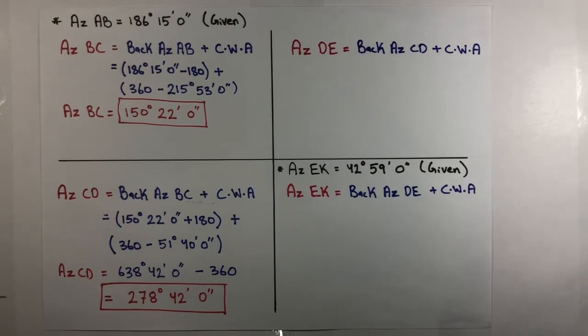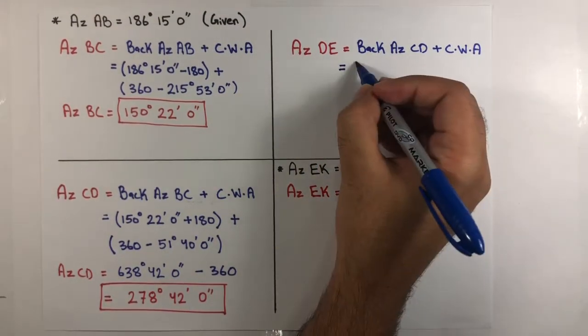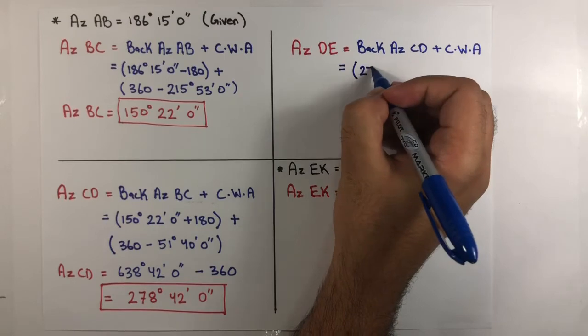Now we'll proceed to azimuth of DE. Azimuth DE is equal to back azimuth of CD plus clockwise angle.